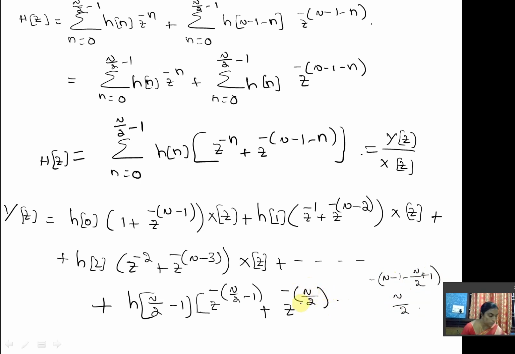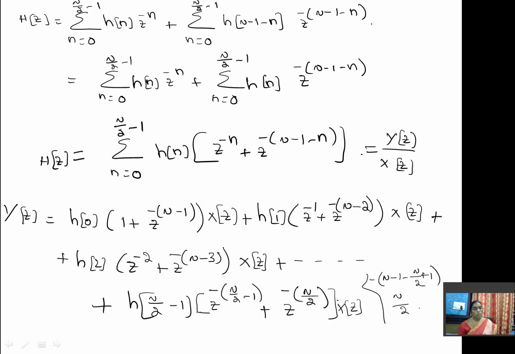So this one is n by 2 into x of z. Okay, right. So this is the equation.